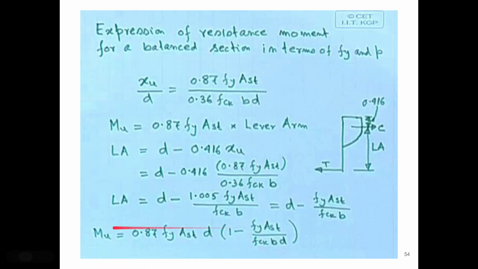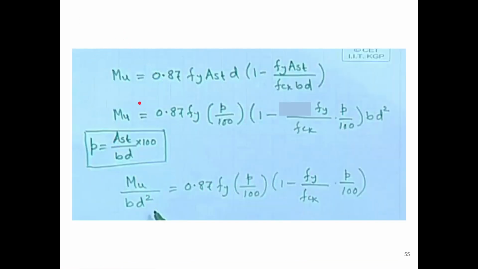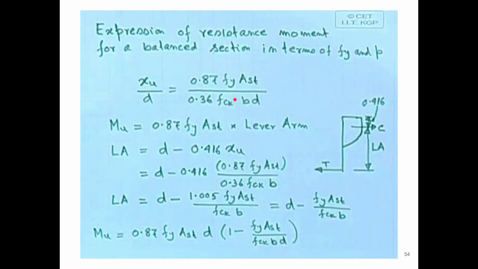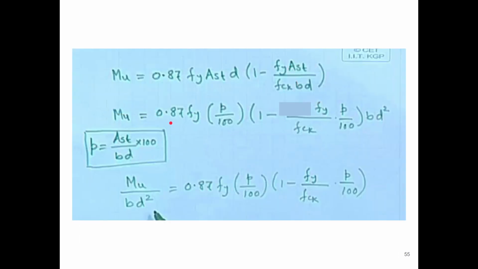So that is the equation of Mu. Mu is equal to 0.87 Fy AST D into 1 minus Fy AST by FCK BD. Now, what is AST? AST is nothing but PBD by 100. Inserting PBD by 100 instead of AST, we find Mu equal to 0.87 Fy, P by 100 into BD, into D, into 1 minus Fy by FCK, and AST by BD is equal to P by 100.